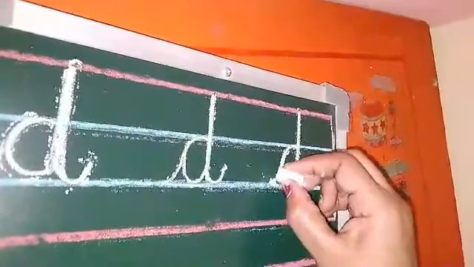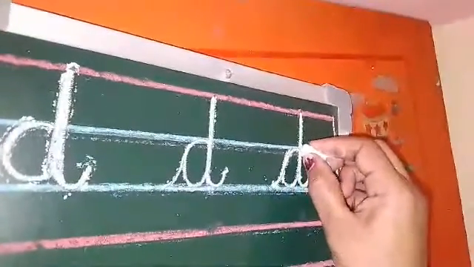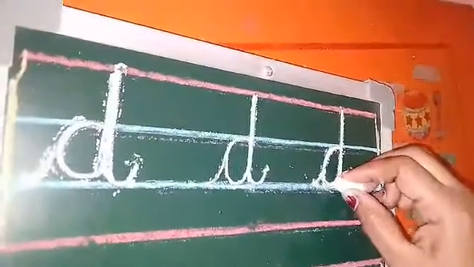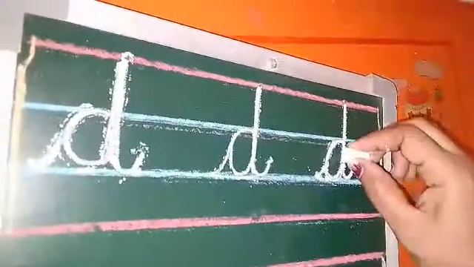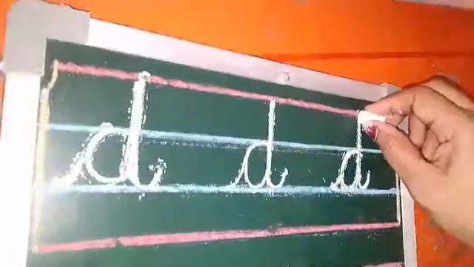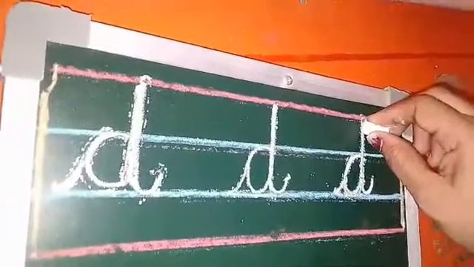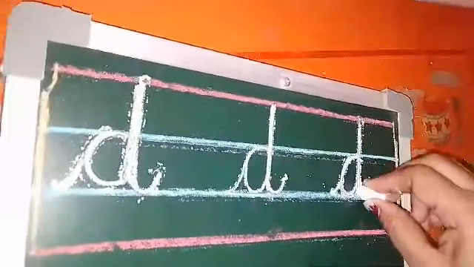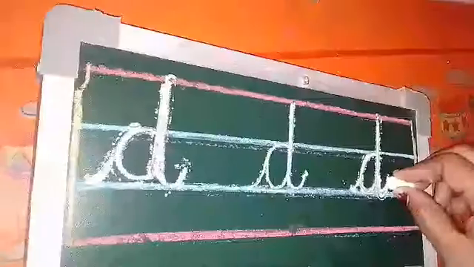Upward, third line to second line and downward, second line to third line, again upward, third line to first line and downward again, first line to third line and a little bit upward. It makes D. D for dog. D for duck.